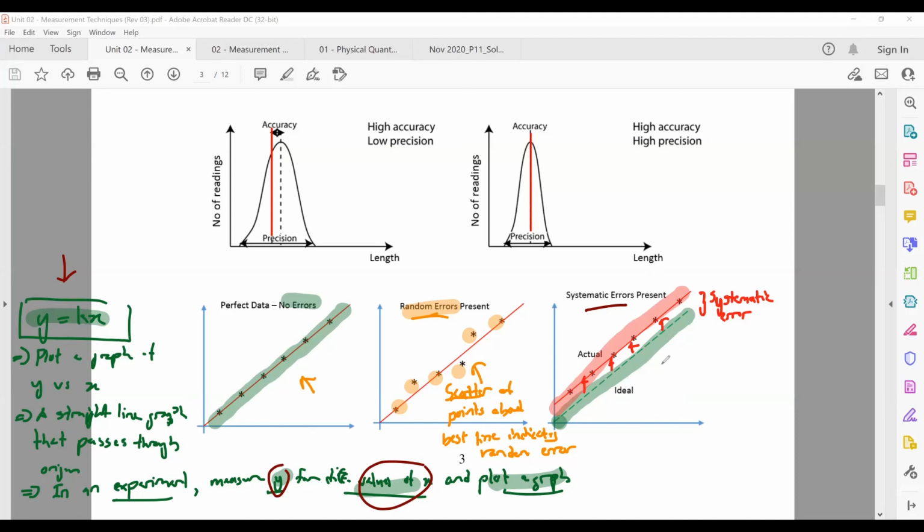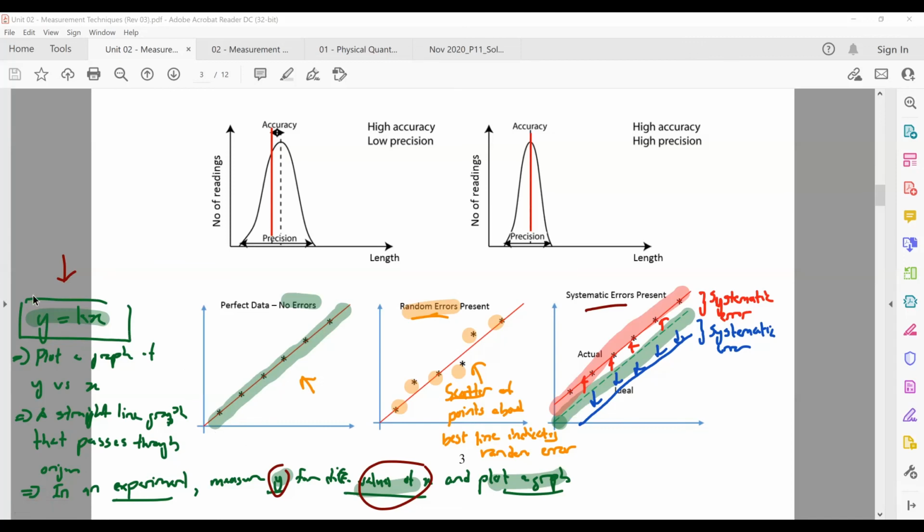You might also sometimes get a line that is not above, but rather a line that is below. In cases like this, we will also call this systematic error, because all your measured values are below the true value. Okay, so this is how we see whether you have systematic error or not.